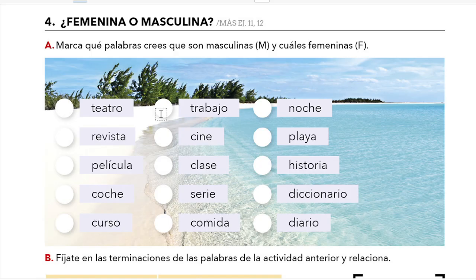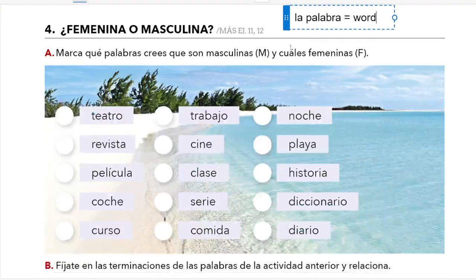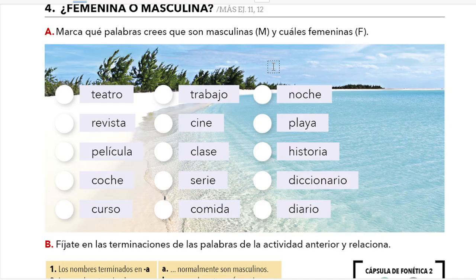So marca qué palabras, la palabra. This is called word. ¿Crees que son masculinas y cuáles femeninas? Okay. So which ones you think are masculine or feminine? So we have to guess, not only guess, but we will learn.